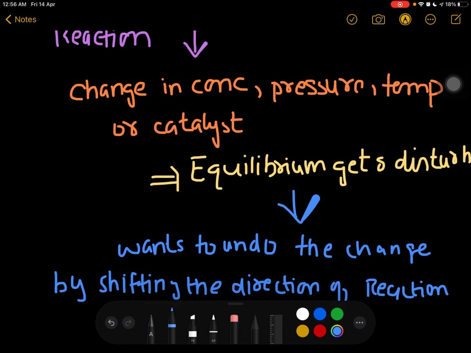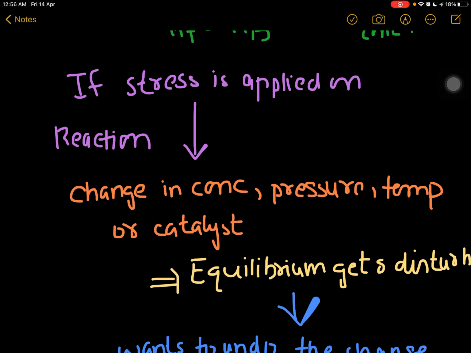Now what is the statement of Le Chatelier's principle? That if any kind of stress is applied on a reaction, this stress can be in any form, by changing the concentration, pressure, catalyst or temperature, the equilibrium gets disturbed. It is quite obvious that if you change the concentration, the equilibrium will get disturbed.